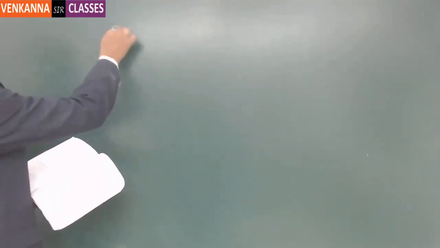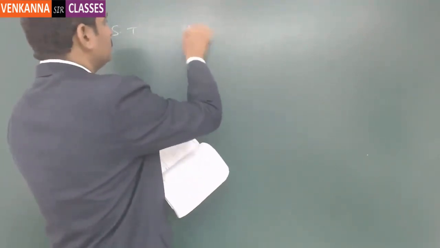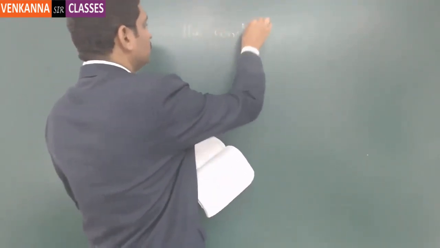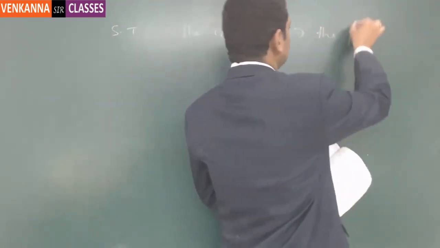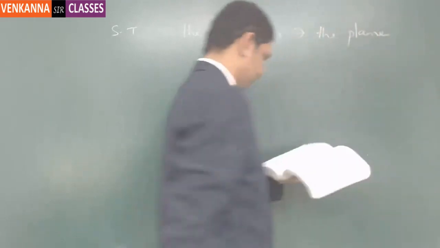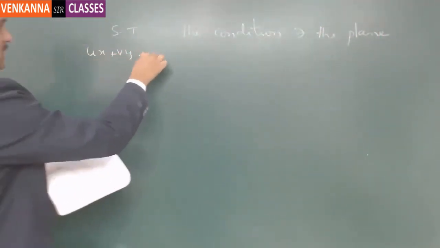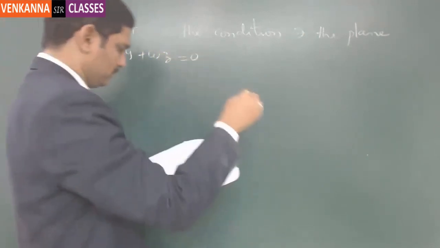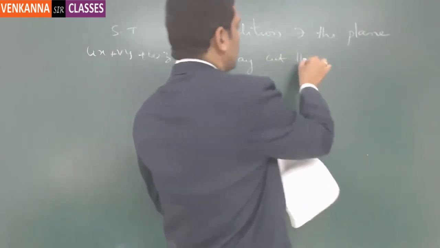So this problem is also very similar to the same problem that I have taken now. Show that the condition such that the plane ux plus vy plus wz equal to 0 may cut the cone.